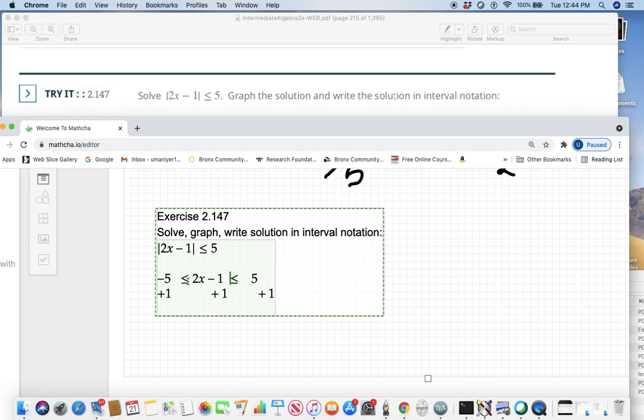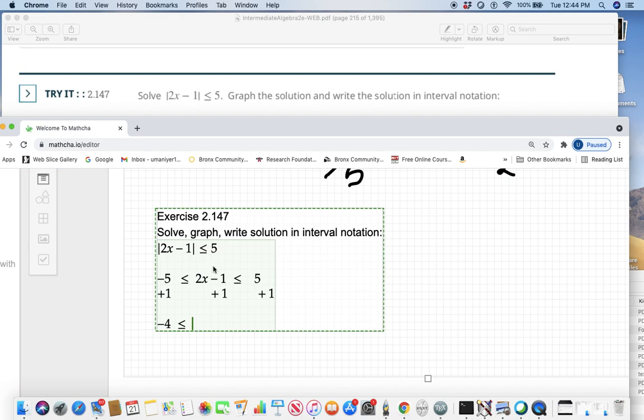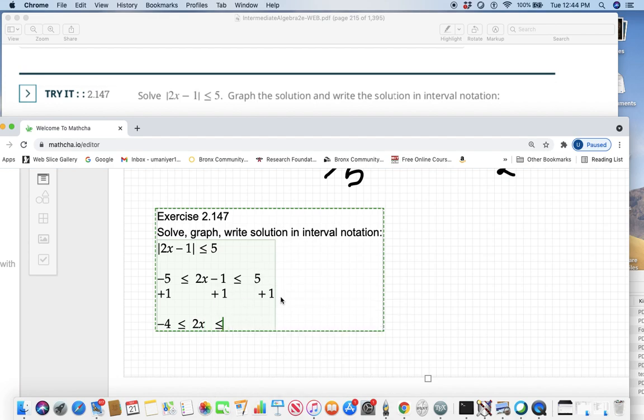Okay. At this time, negative 5 plus 1 is negative 4 less than or equal to 2x minus 1 plus 1. Negative 1 plus 1 cancel. You have 2x less than or equal to 5 plus 1 is 6.